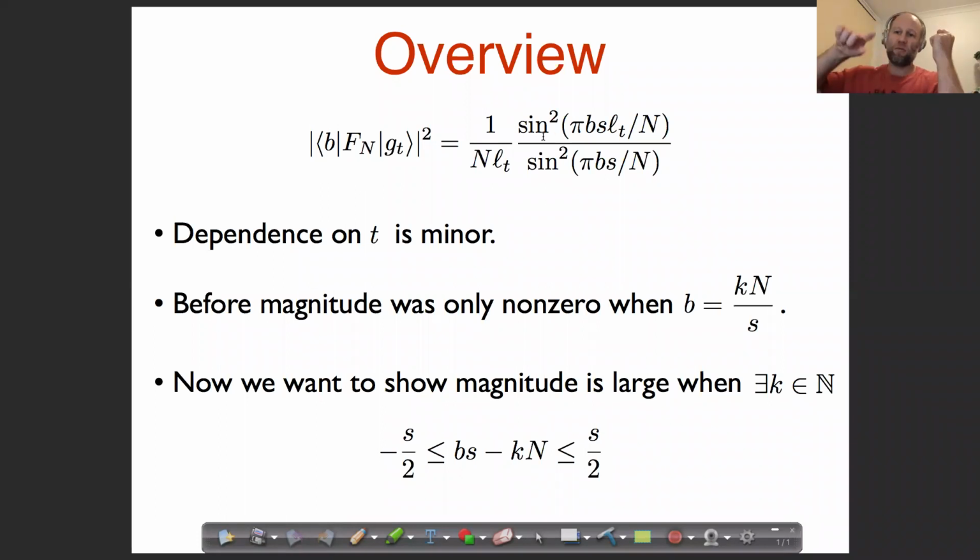But now we have a more gradual dependence because of the sine squared functions. So we're also going to get a non-zero probability of seeing things further away from a multiple of n over s. But what we want to show is that if b is close to kn over s, then this magnitude is relatively large.